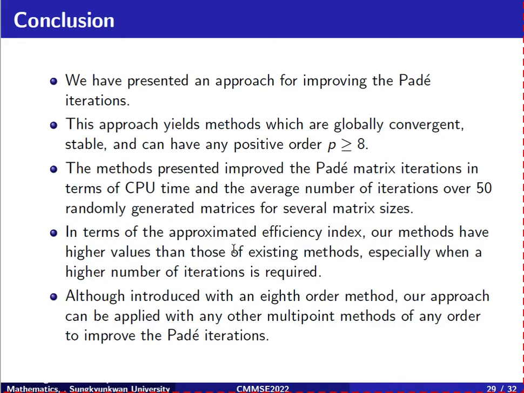In terms of the approximate efficiency index, our method has higher values than those of existing methods, particularly when a high number of iterations is required. Although we worked with the Padé method, our approach can be applied to any other method of any order to improve the iteration. That's why we call our approach a general approach for improving iterations.